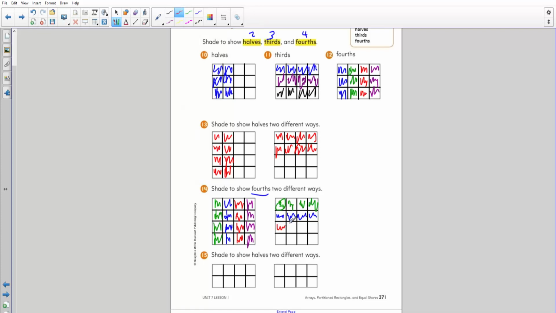I'll color in another row of 4. Cool. All right, let's check it out. Now do we have fourths? Let's see, I have 4 green, 4 blue, 4 red, 4 white. Yeah, it shows fourths. Now, I want to color my last one with the same color I did last time. If you'd like, you can as well.